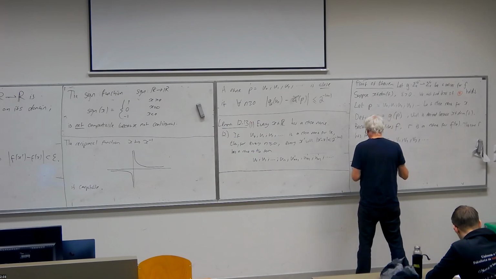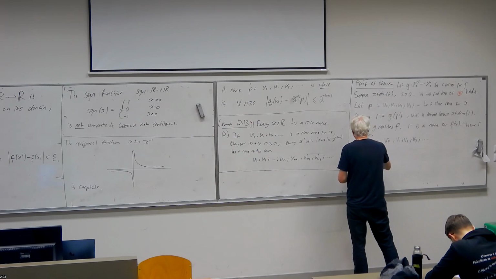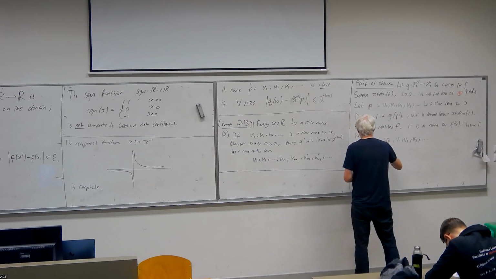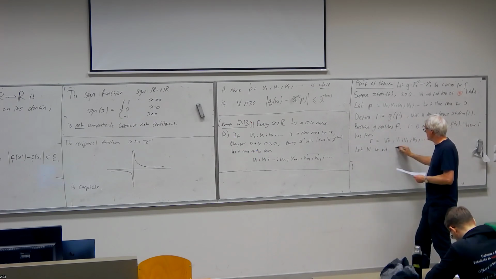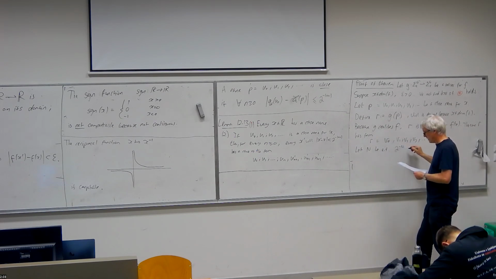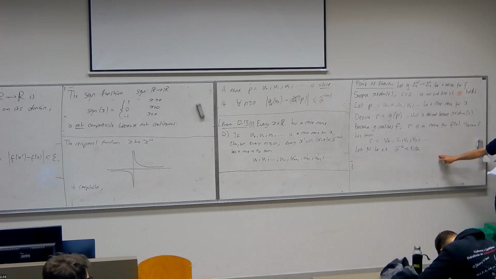So let N be how far we want to look along here, so define some number N such that 2 to the minus N is less than epsilon over 2. This is one of these analysis-like arguments where epsilon over 2 is the right thing to consider.